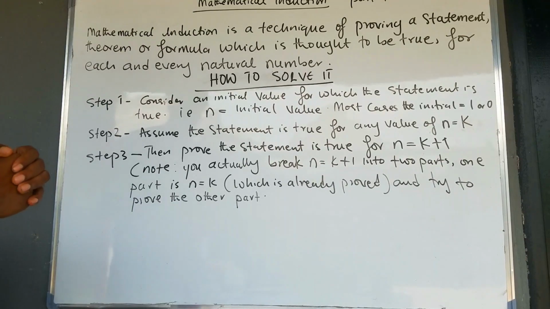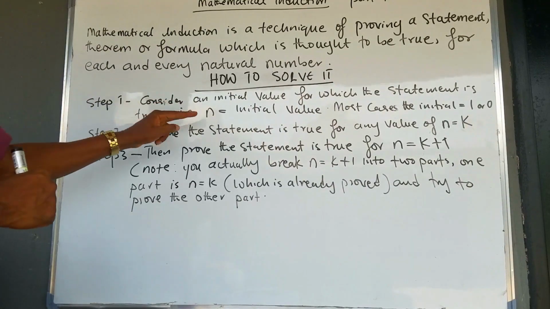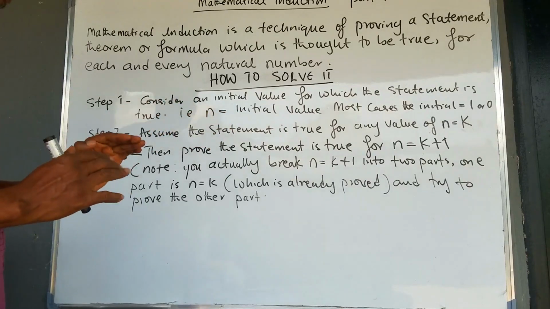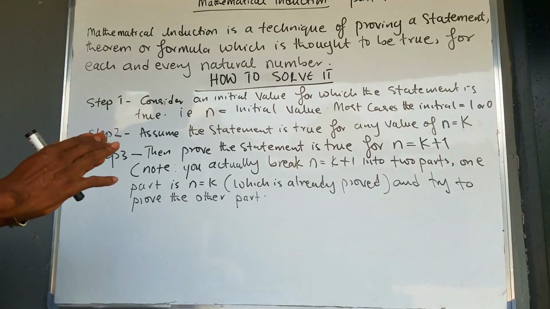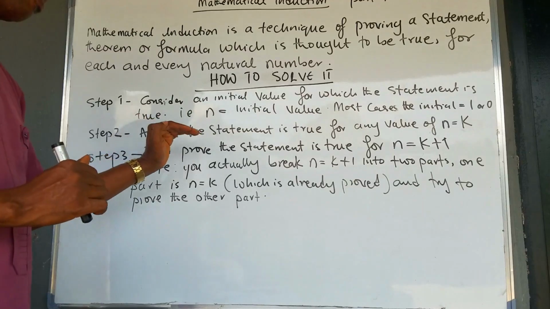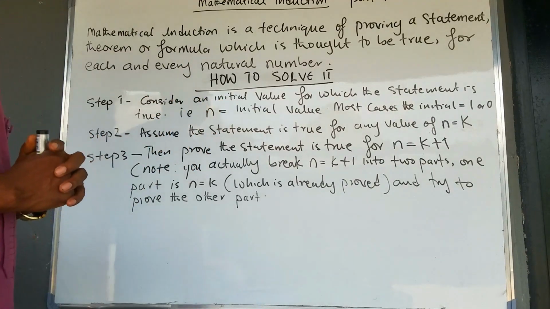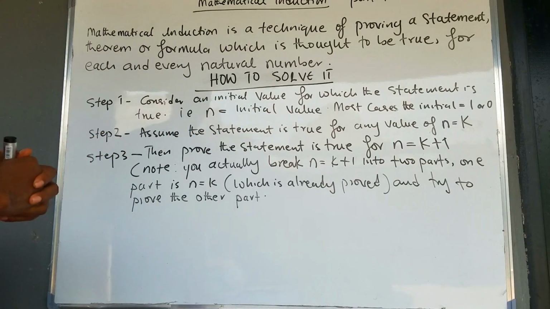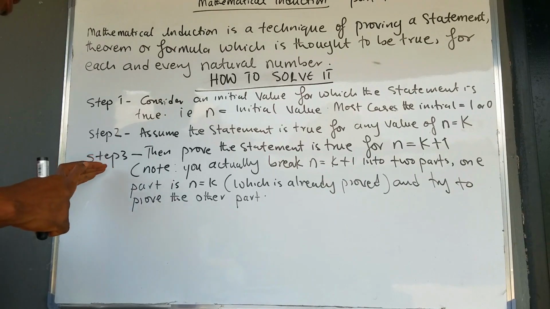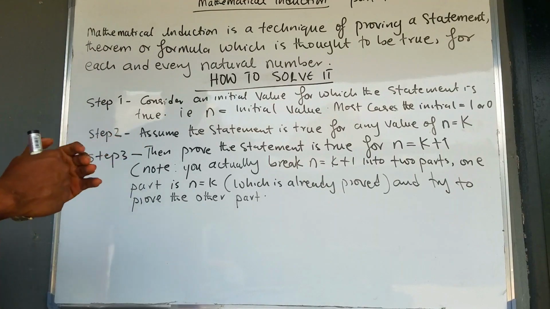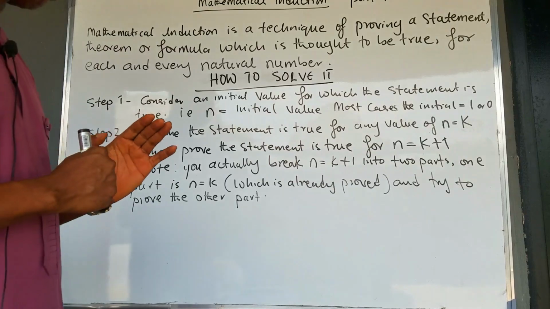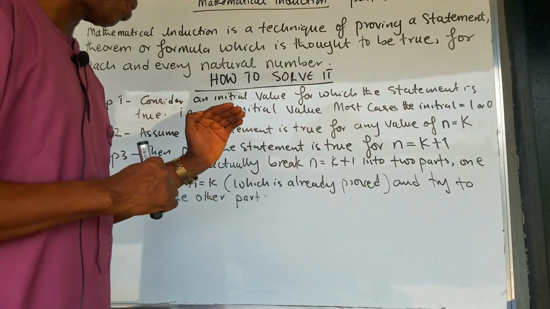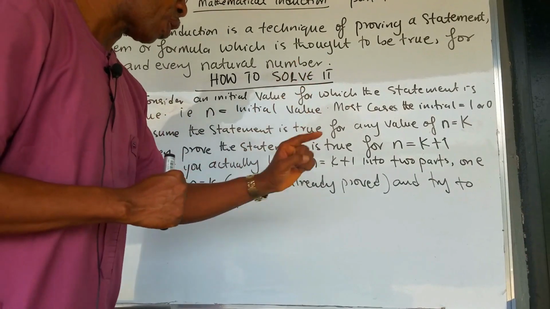Remember, it has 3 steps. Step 1, n is equal to 1. Prove. Step 2, don't prove. Just assume that the statement is true for any value of n equal to k, where n is a positive integer. Then step 3, you prove that the statement is not just true for n equal to k alone, but also for n equal to k plus 1.